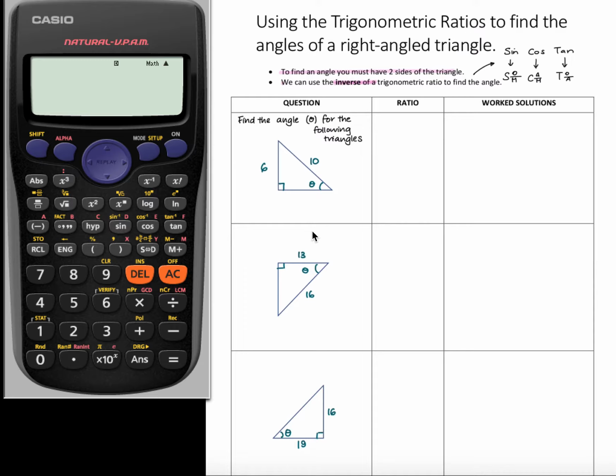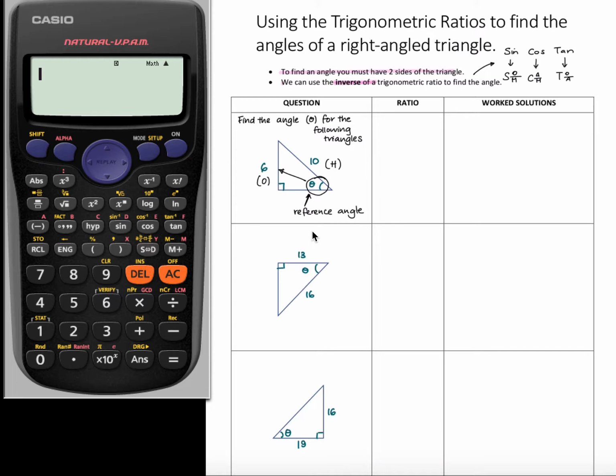I've got 10 here. The side that's 10 is my hypotenuse, and that's going to be represented by the letter H. Now, looking at where the reference angle is located, what I just circled is my reference angle. The side that has the length 6 is my opposite because it's opposite to the reference angle.